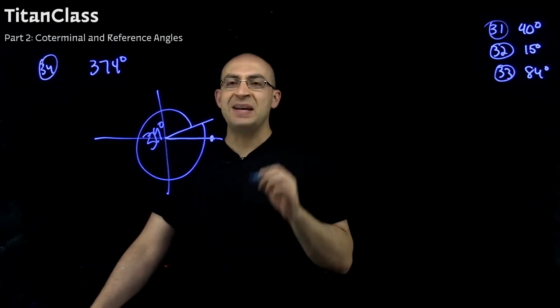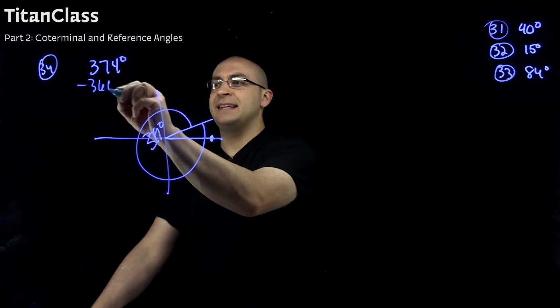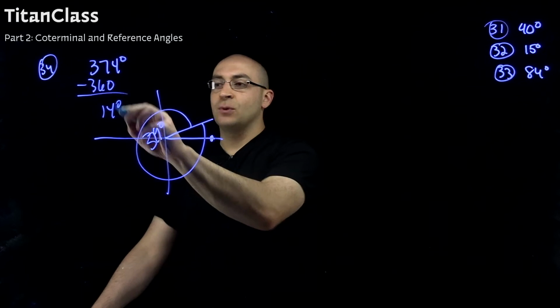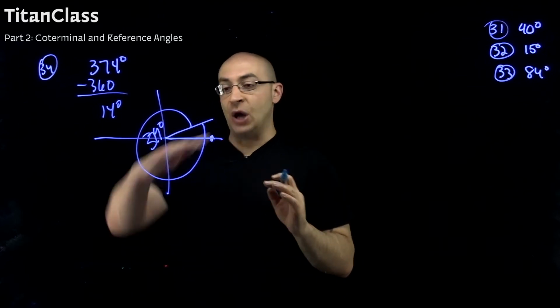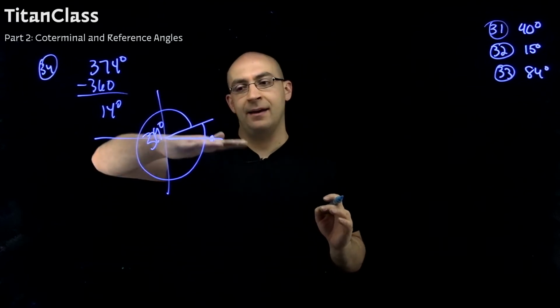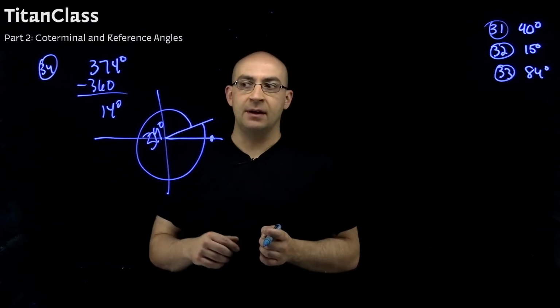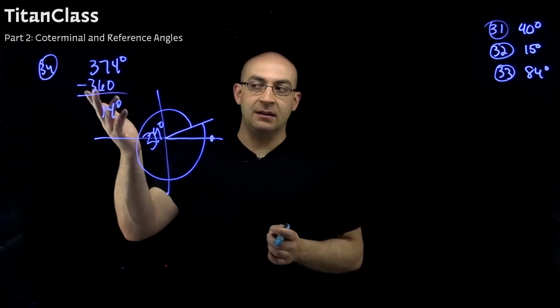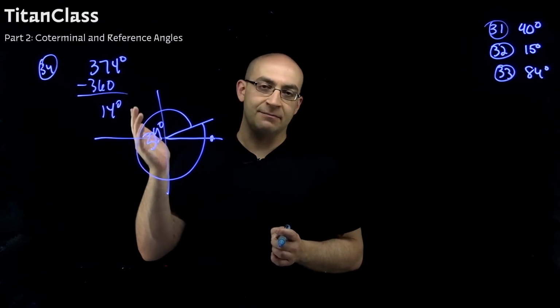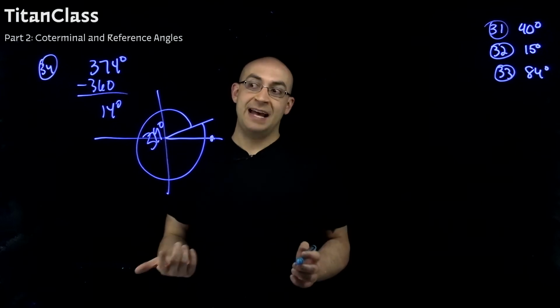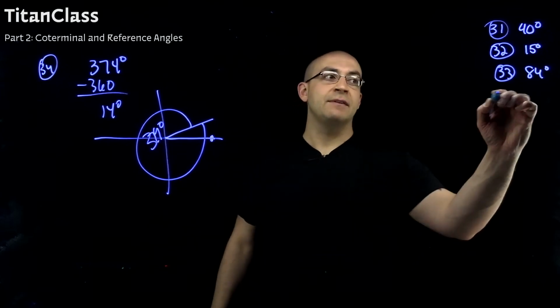Because we could have subtracted 360, the one revolution, really what we're looking at is a 14 degree angle. The 14 degree overlap from one full pizza pie to that little section. Well, if I want the reference angle to 374, I'm just going to get rid of that 360 and get to 14. Because 14 is positive and because it's acute, 14 is my reference angle.